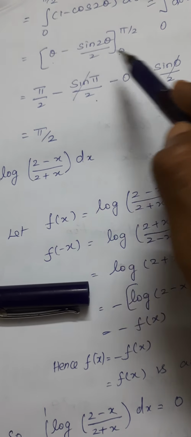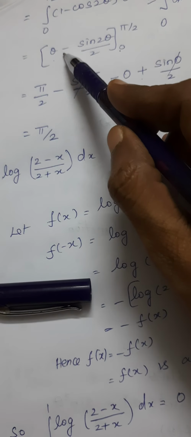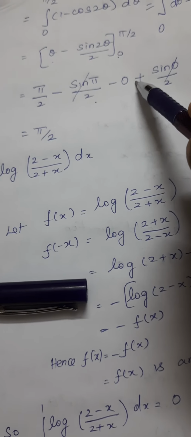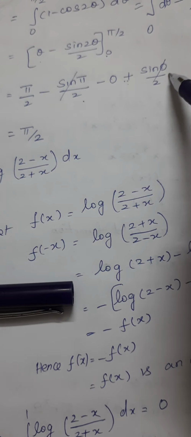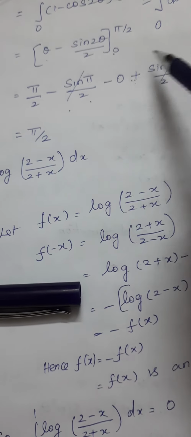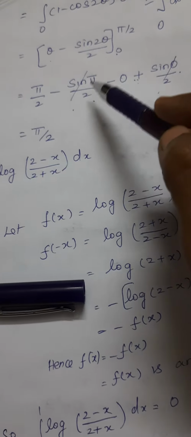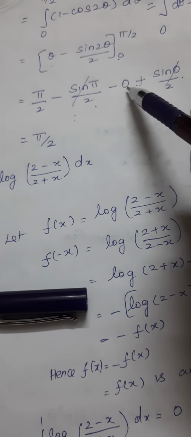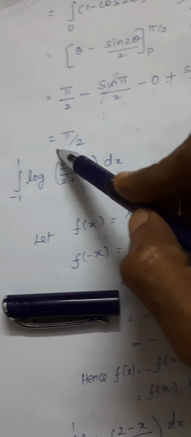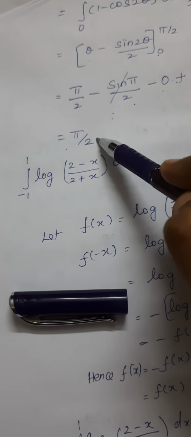Here it is upper limit minus lower limit, and a minus is already there, so minus into minus will become plus sin 0. So sin pi is 0 and sin 0 is 0. This 2 will get cancelled, and pi by 2 minus 0 is pi by 2. So the answer is pi by 2.